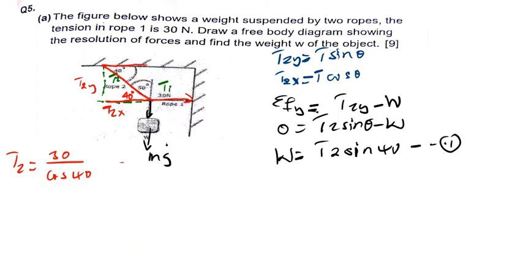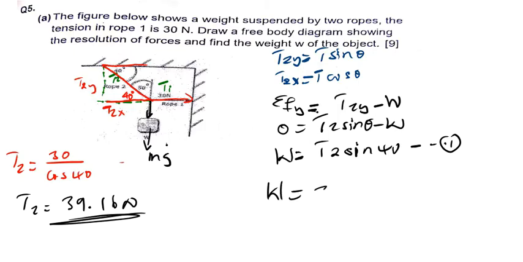So T2 is equal to 30 divided by cos 40, which is 39.16. So 39.16 is my T2, 39.16 newtons.